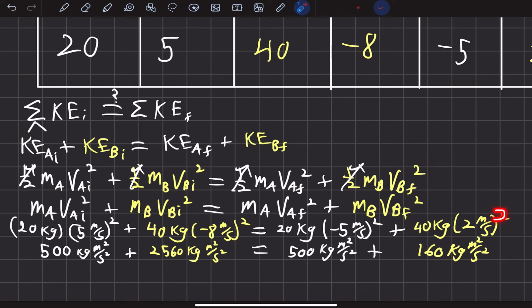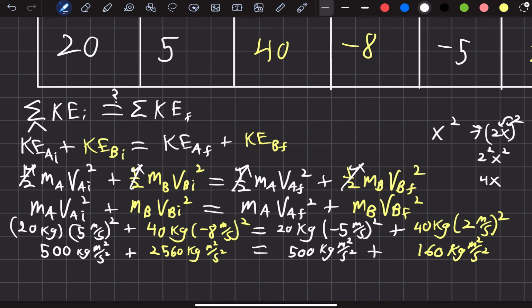And the reason for this is because of the squared. Whenever you have a value that's being squared, it's going to be much more influential to the value of your expression. Let's take a little side note here. If you had x squared, and then you changed x to be 2x, so that 2x is inside the square, because what you did was you made x 2 times as large, let's distribute that 2 in, and you get 2 squared times x squared, which is 4x squared.